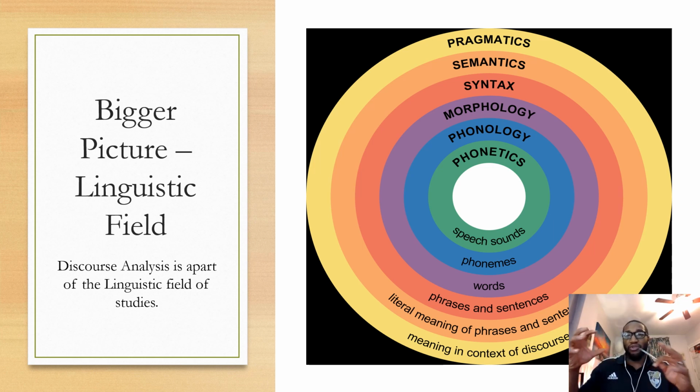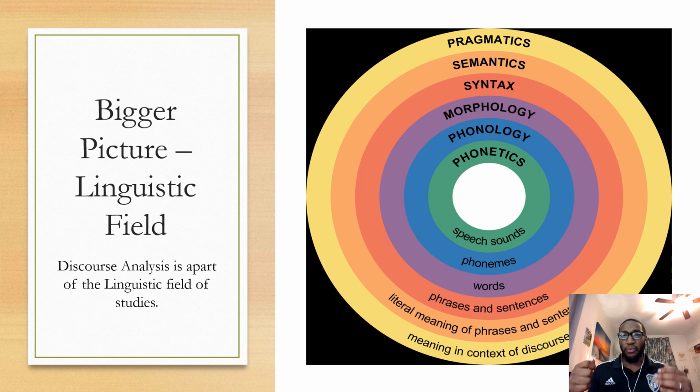But then kind of zooming out, you have the morphology. How do you put those phonemes together to form words? And then words, when you put them into groups, form phrases and sentences, and that is the syntactical level of things.